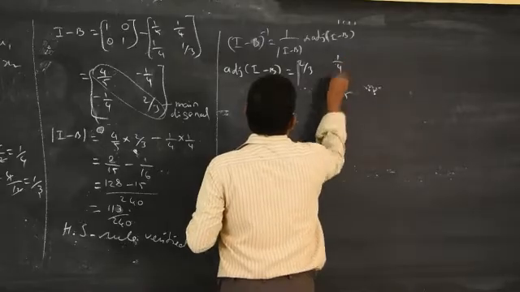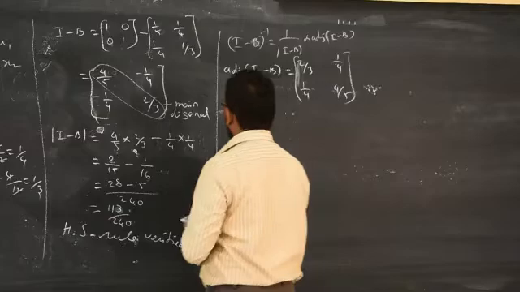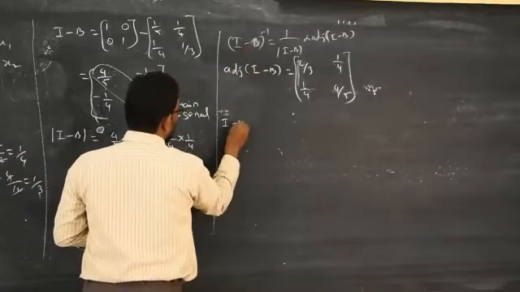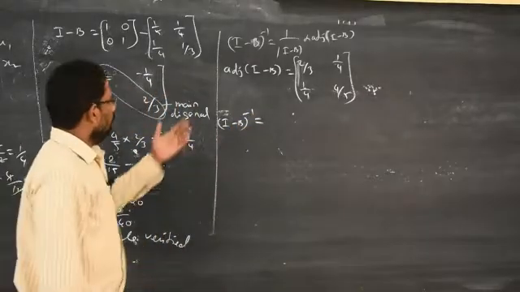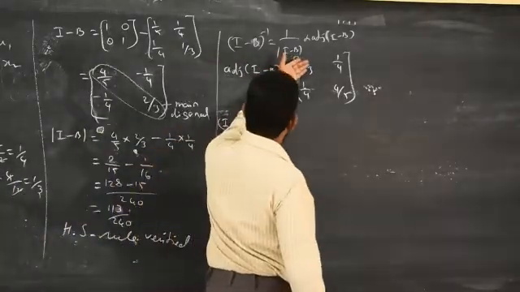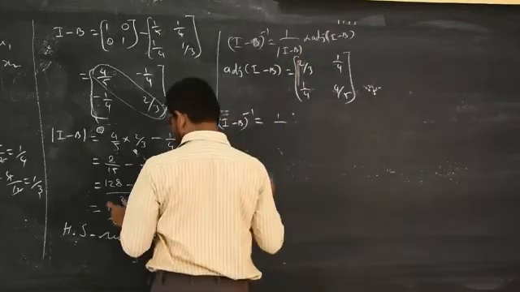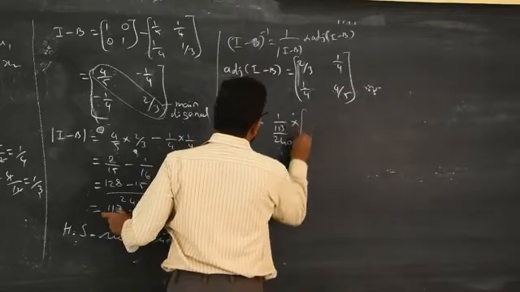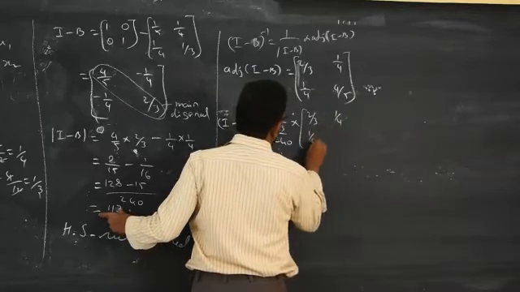Minus will become plus. Now I know the adjoint of I minus B. Now you have to find I minus B inverse by replacing the value of the determinant of I minus B and the matrix adjoint I minus B. So 1 by 113 by 240 into that adjoint matrix.